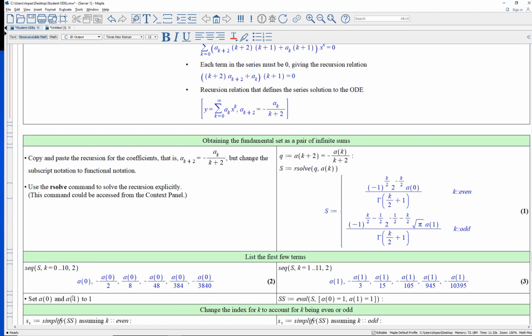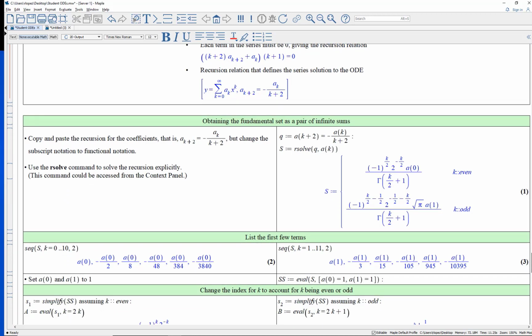Let's set A0 and A1 both to 1. So I do that here, and then simplify the result. So I'm really simplifying this thing after A0 and A1 are 1s. Let's assume K even, and we'll call that result A. And replace K by 2K, so we get the even coefficients.